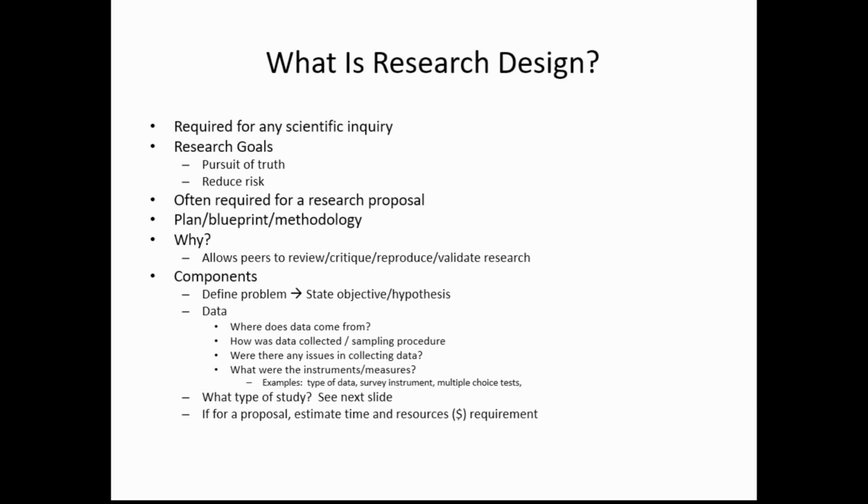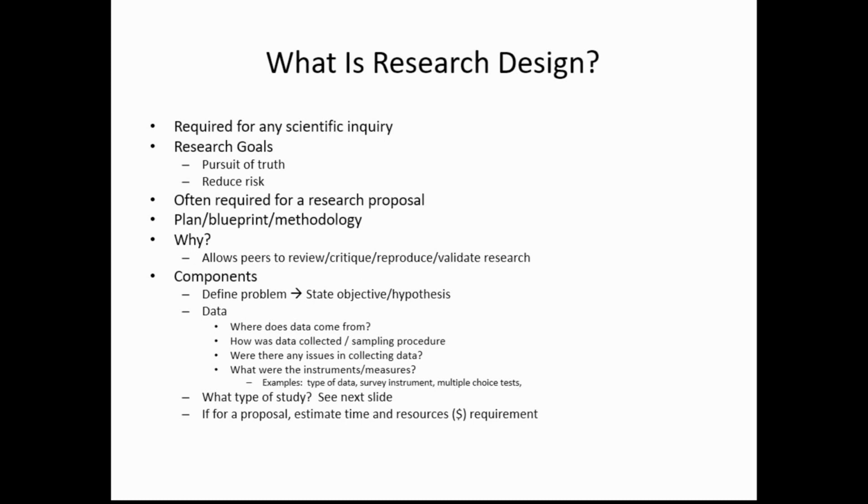Another part of your design is, where is the data coming from? How was it collected? Did you have any issues when you were collecting the data? What were the instruments of collecting the data? Was it secondary data that was already available in public space on the internet, for example?